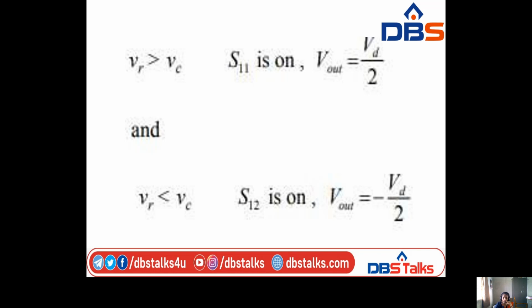Here, when the reference voltage is less than the carrier voltage, S12 will be on and the output voltage is obtained in negative mode. Whenever the reference voltage is greater than the carrier voltage, S11 is on, and the output voltage is positive, that is VD by 2.